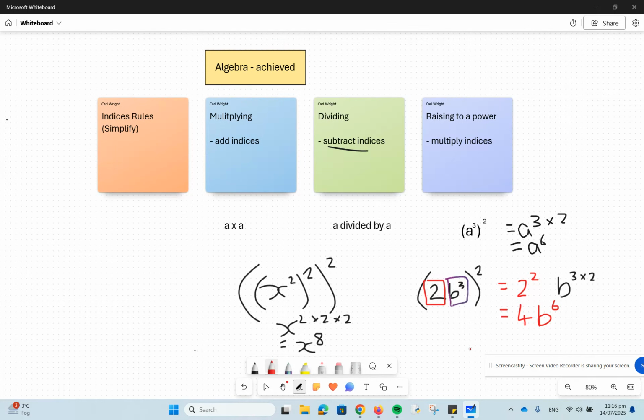Okay, great. So we've got an answer. So when you're doing one of these raising the power and it's got numbers in there, do the numbers first, then do the rule, raised to the power second.